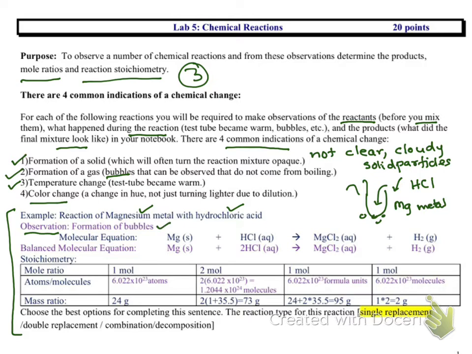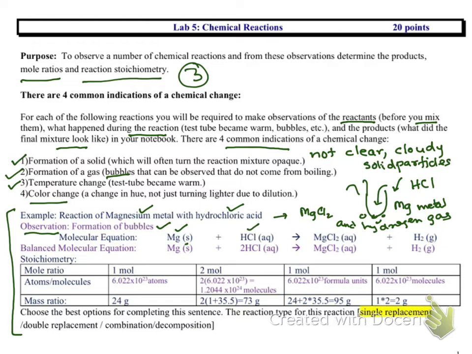And then I will also give you the information saying, okay, magnesium reacts with hydrochloric acid to form magnesium chloride and hydrogen gas. So if this information is given, for magnesium metal you write down S in parentheses, solid.